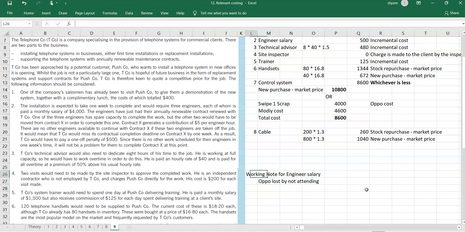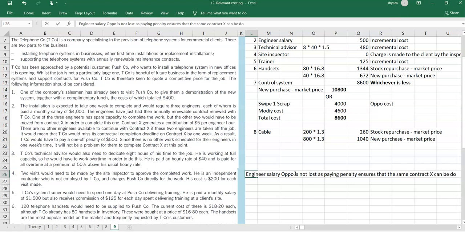Okay, so we can say that. We can put it like this. Engineer salary opportunity is not lost as paying penalty ensures that the same product, sorry, it's contract X can be done a week later.